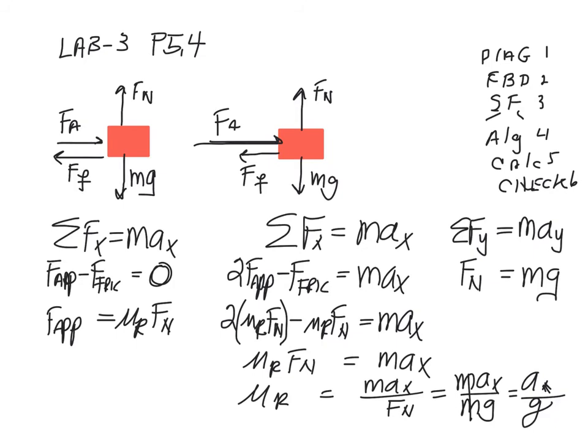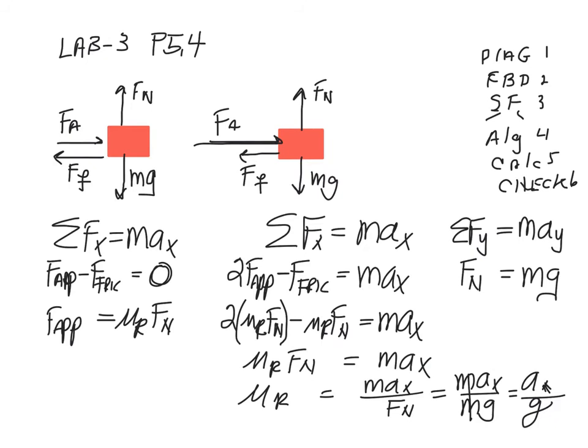The applied force is mu k Fn. So where it says F applied, I put in mu k Fn, and I get 2 mu k Fn minus the force of friction, mu k Fn. The algebra leaves you with mu k Fn, and that's equal to max. And so mu k is simply max divided by Fn.